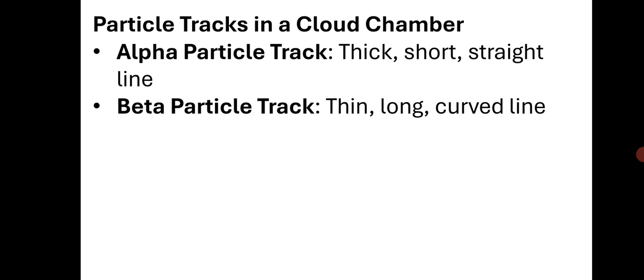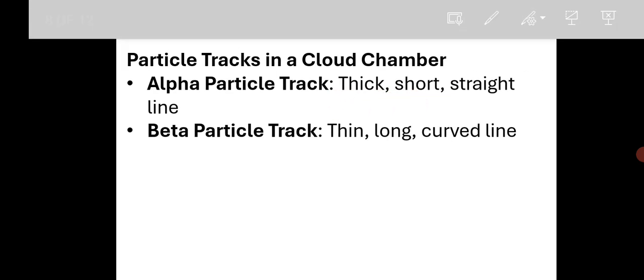Alright, so there are two types of tracks that can be observed in a cloud chamber. The alpha particle tracks will be shown by thick, short, straight lines. So thick, straight lines like this will show that the radiation being studied is alpha radiation.